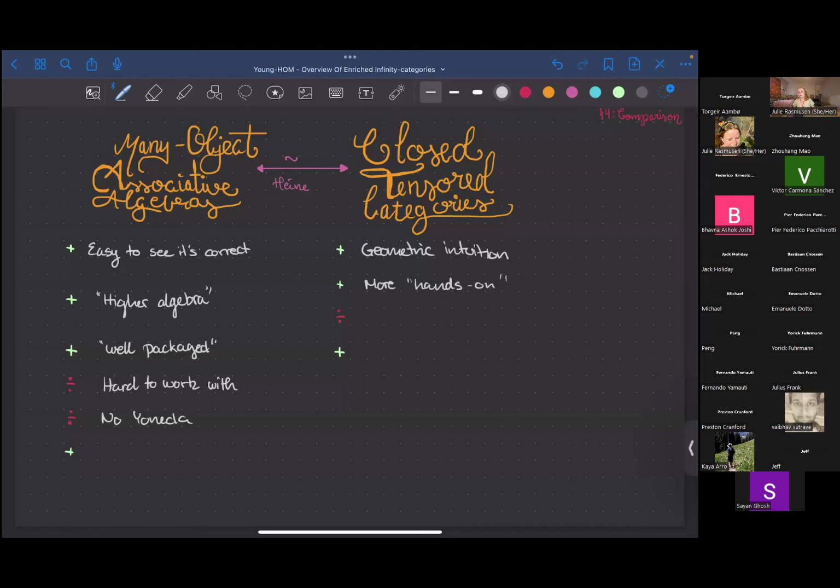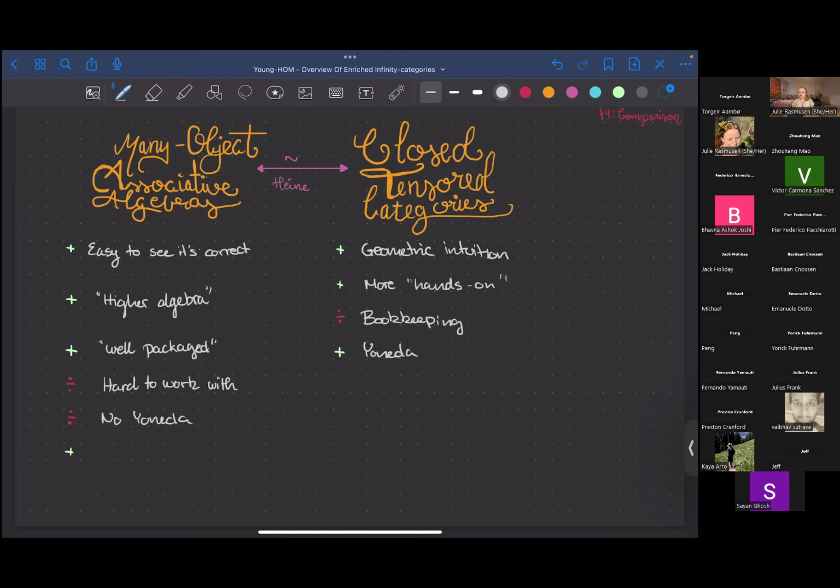But that is also a problem because nothing is really keeping track of all of your structure for you, so you can end up with a lot of bookkeeping. But because this is more hands-on, this is the setting where it has been possible to prove a unit lemma.